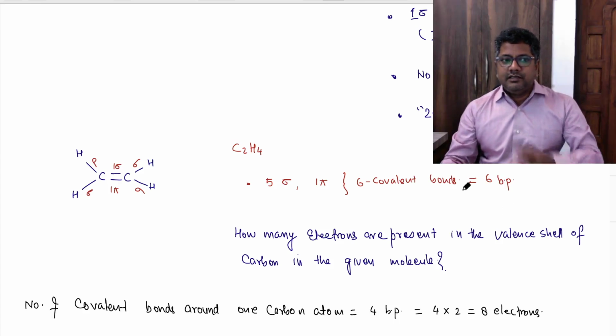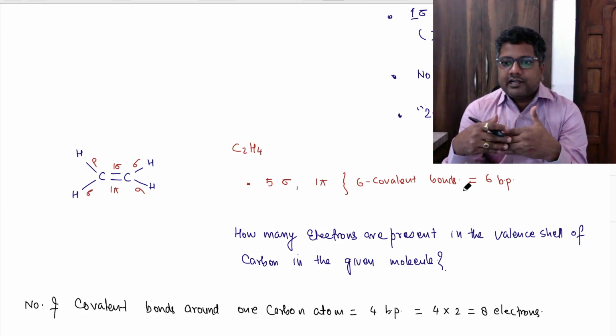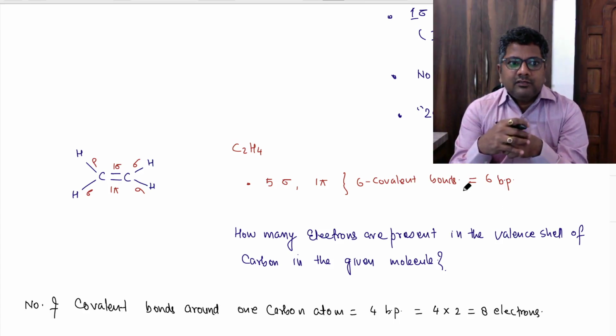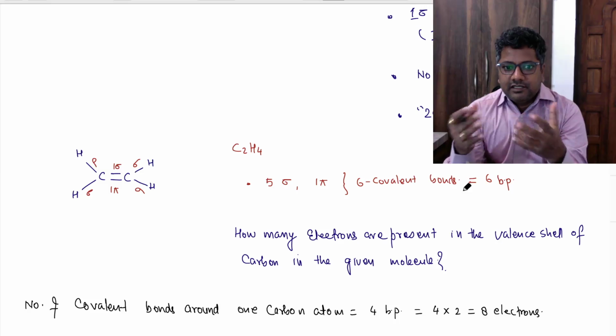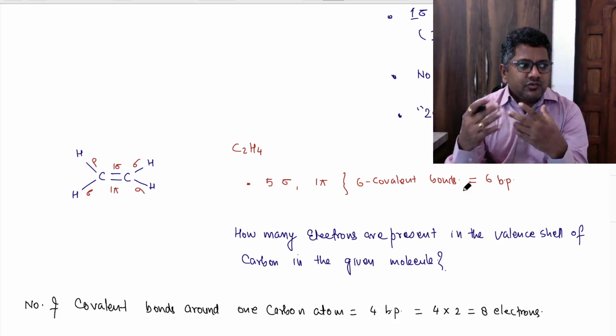So you can count the number of valence electrons around any atom in the given model in this way. You just count the number of covalent bonds, and each covalent bond represents one electron pair, meaning 2 electrons.